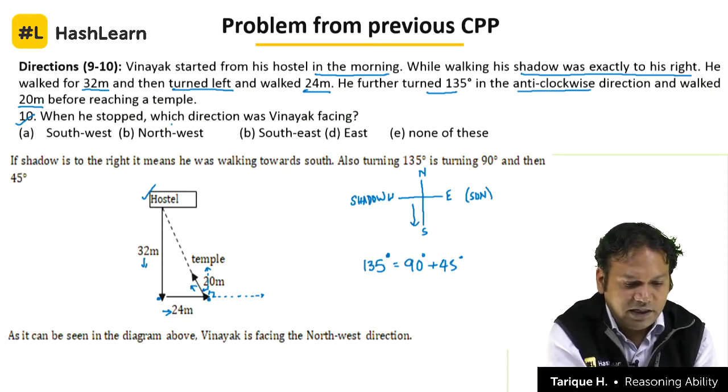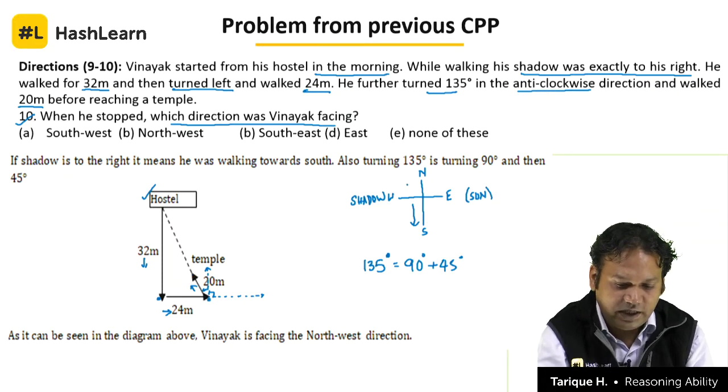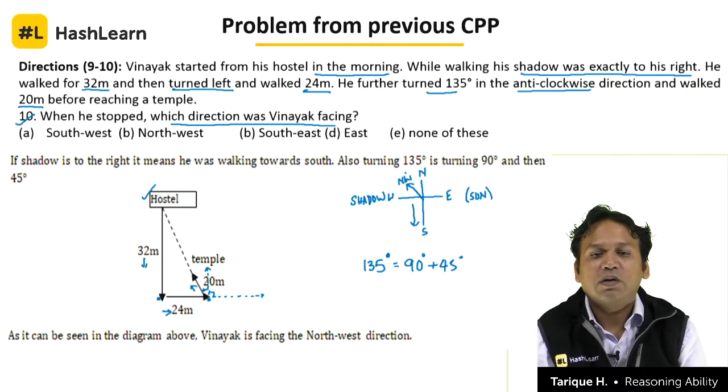So in which direction was Vinayak facing? As it is very clear in the diagram, he was facing the northwest direction.